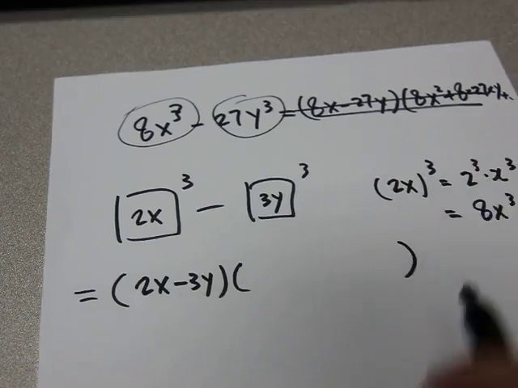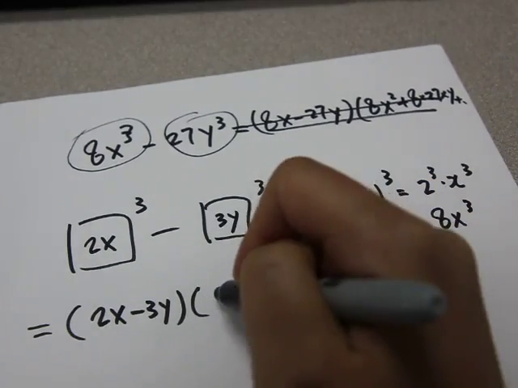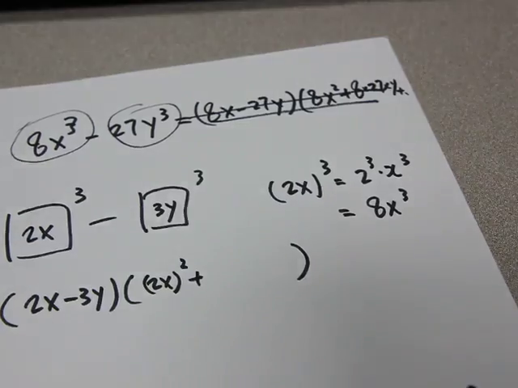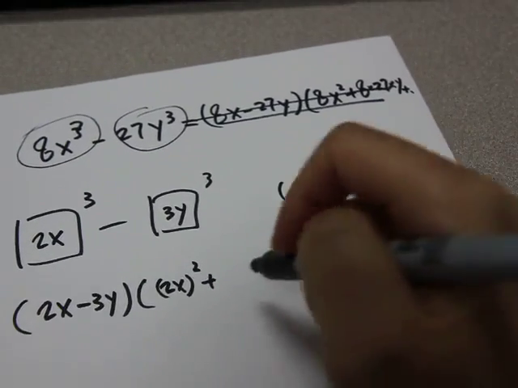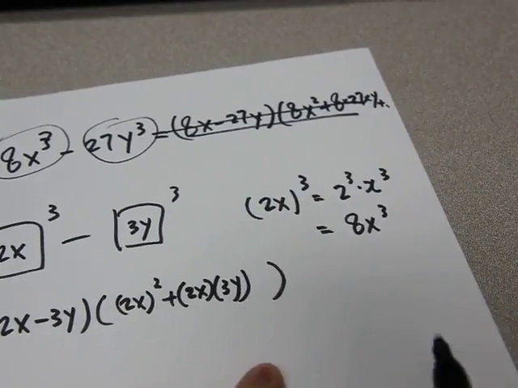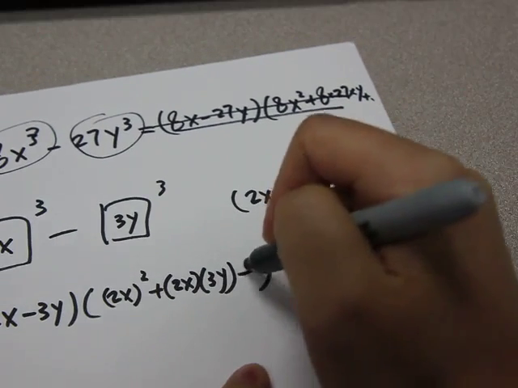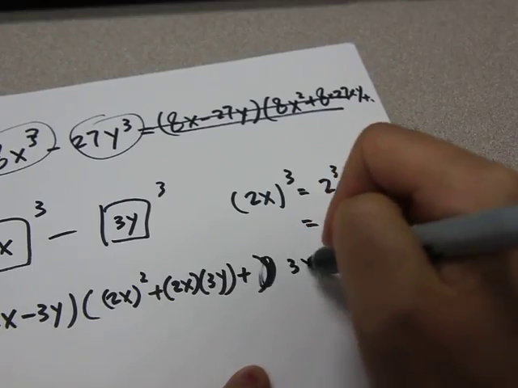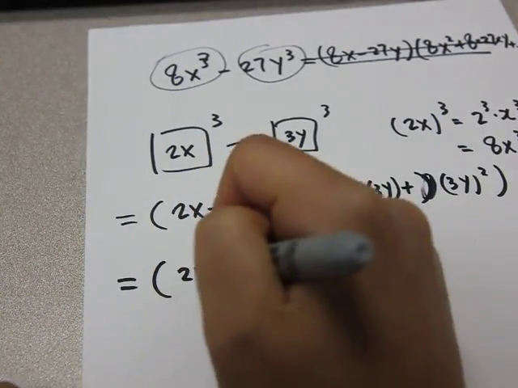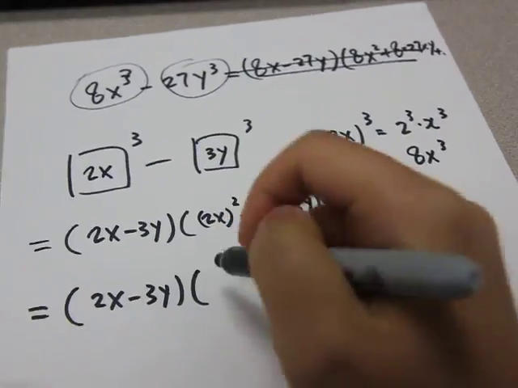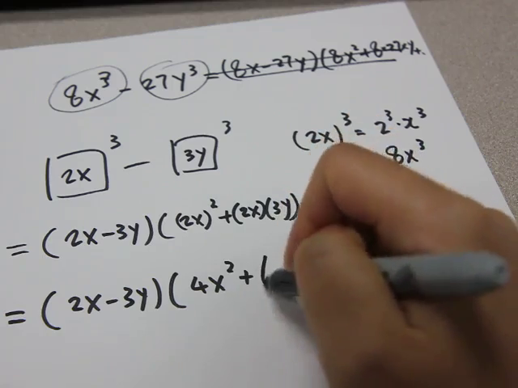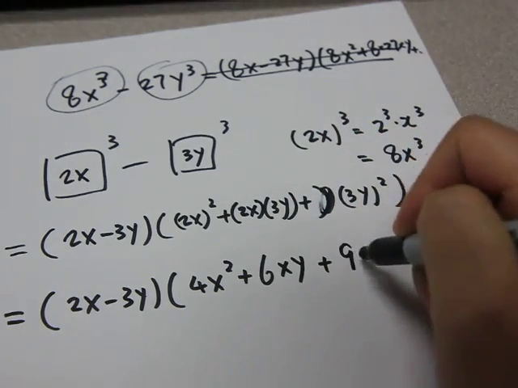And in the second factor, we have a squared, so we have 2x squared, plus ab, so plus 2x times 3y, and plus b squared, so plus 3y squared. Okay. So this is 2x minus 3y times 4x squared plus 2 times 3, 6xy, plus 9y squared.